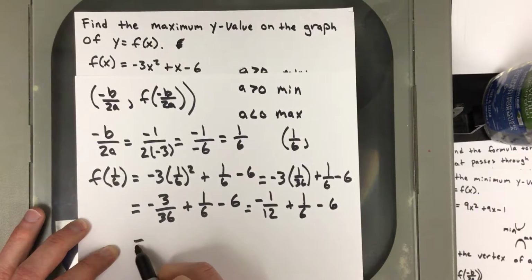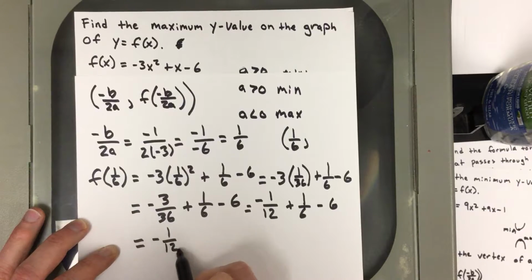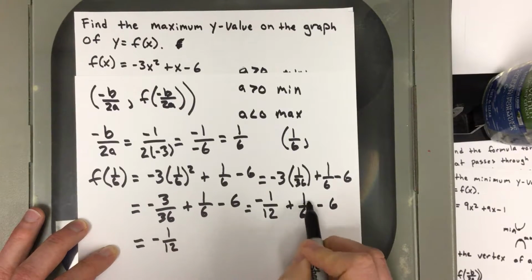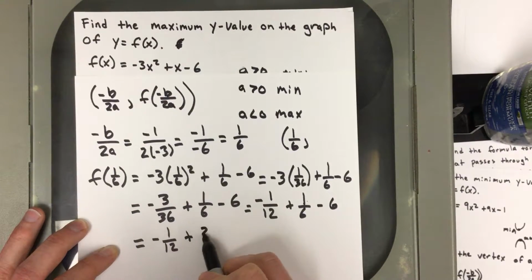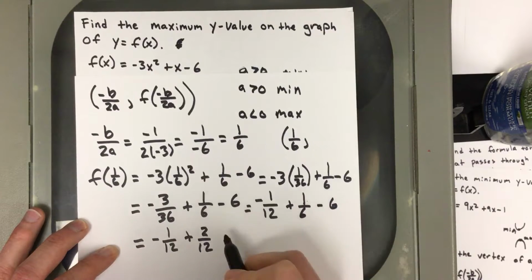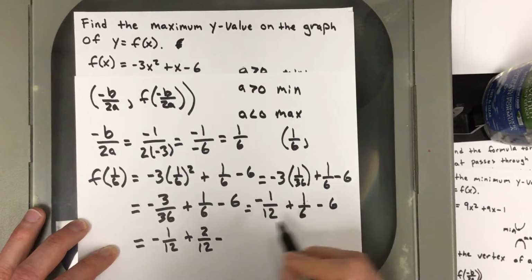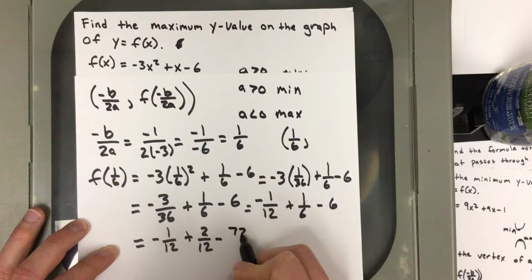And then finally I'm going to take this here, write that down, negative 1 over 12, and I'm going to make these have the same denominator, so multiply by 2 over 2 here. So that's plus 2 over 12. And then I'm going to multiply this by 12 over 12, which gives minus, let's see, 12 times 6, 72 over 12.